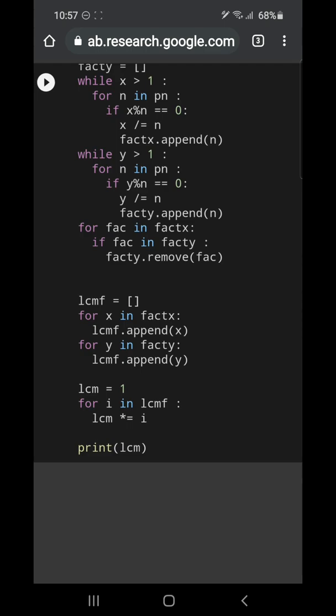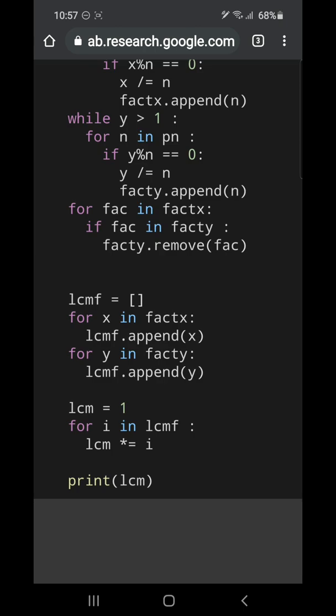Okay, so now we will create a new list, LCMF, meaning the factors of the lowest common multiple. In this list we will add all the factors of x and all the factors of y, after excluding the extra numbers in the factors of y.